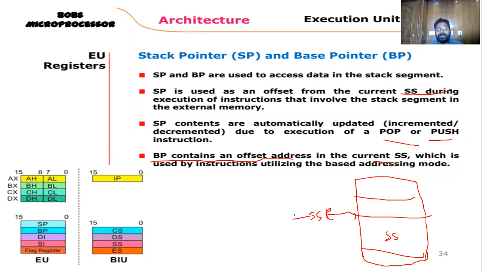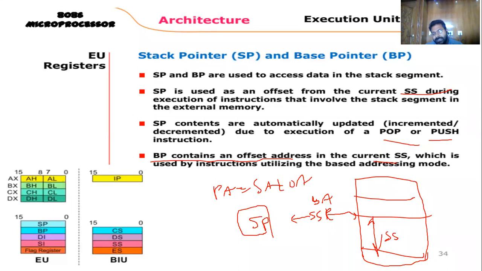Then where the stack segment register address is available, that is available at the SP, the stack pointer. You can call this the segment address. You know that the physical address is nothing but the segment address plus the offset address.